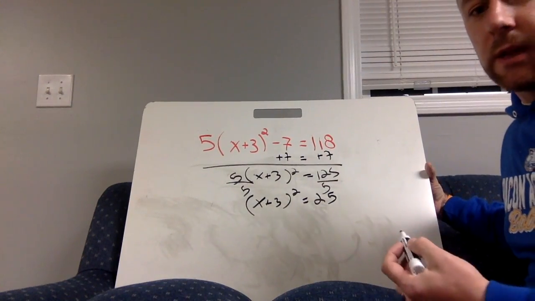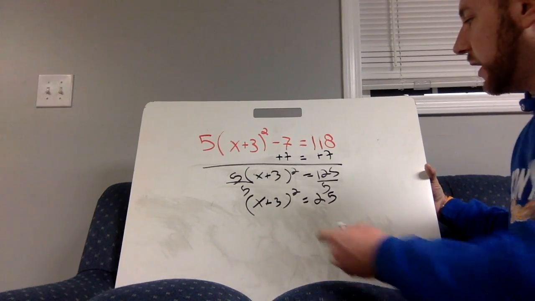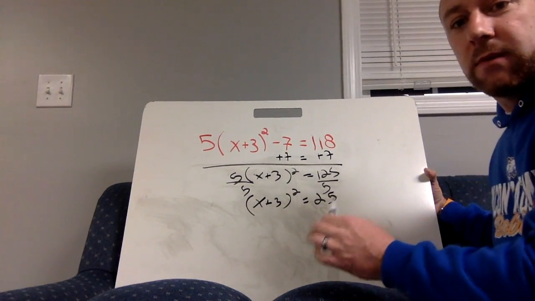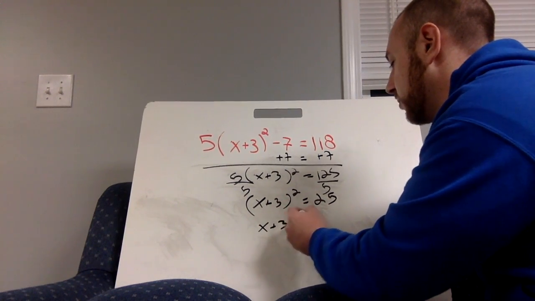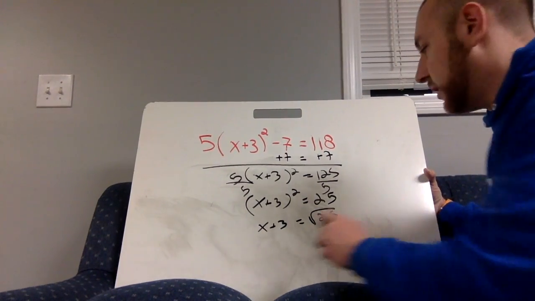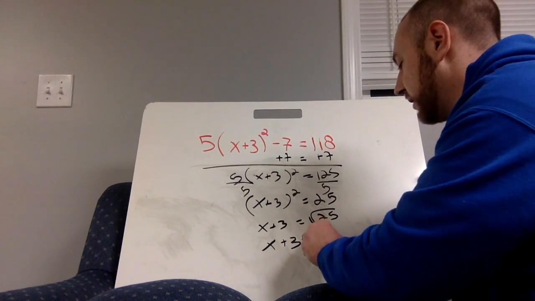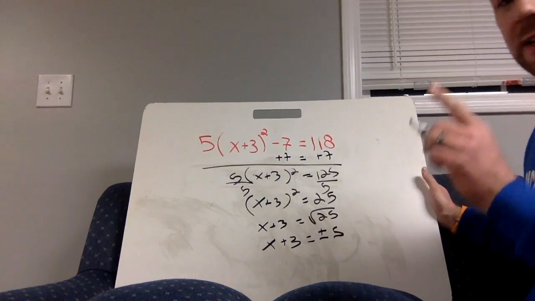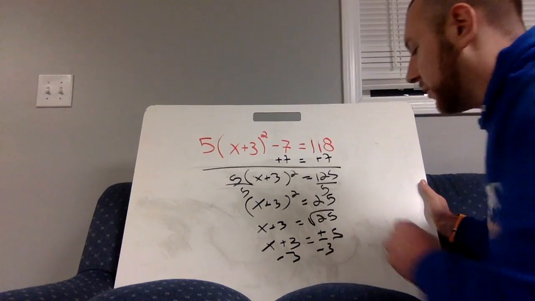Now, the trick with this is I can't actually subtract that 3 out first because I have this squared around the parentheses, and I've got to get rid of that exponent first. So I'm going to take the square root of 25 first. Now, the trick with this one is when I do that, I get a positive and a negative 5 as results. So that results in 2 answers when I subtract my 3 on both sides.